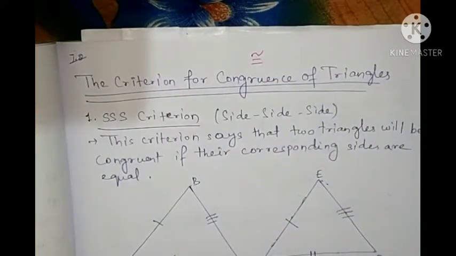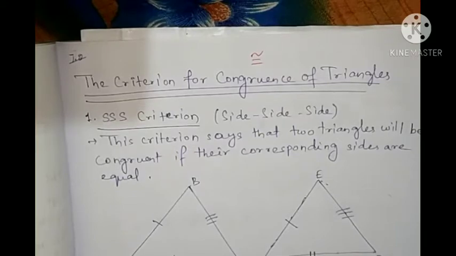Next, we studied how we can say that a plane figure is congruent. Two lines are congruent if they have equal length. Two angles are congruent if they have equal measure.